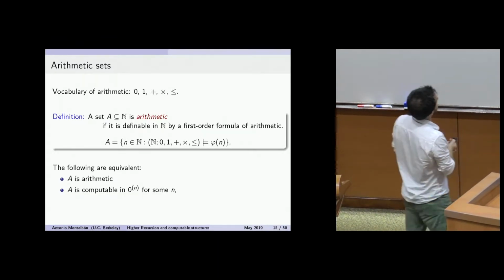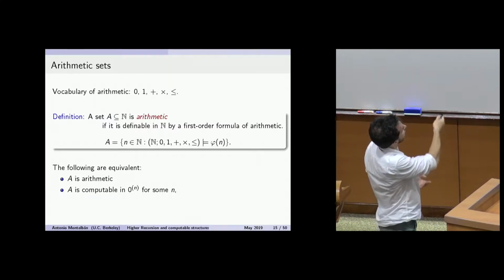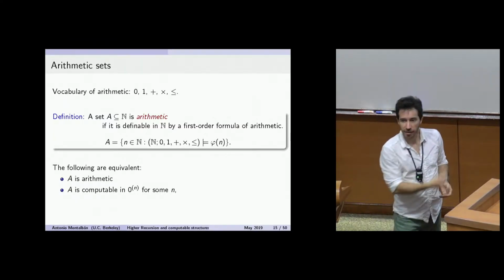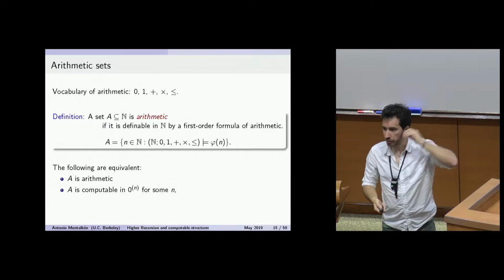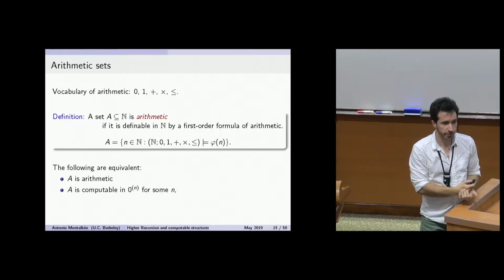Definable in arithmetic. And I guess being arithmetic is equivalent to being computable in the nth Turing jump, the nth iterate of the Turing jump, for some natural number n.